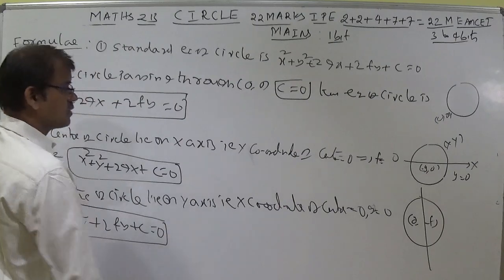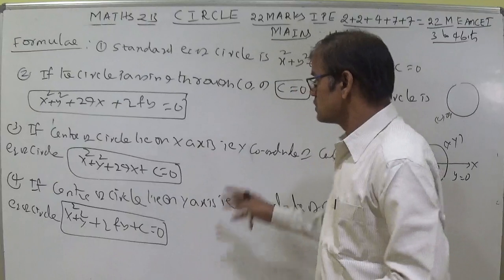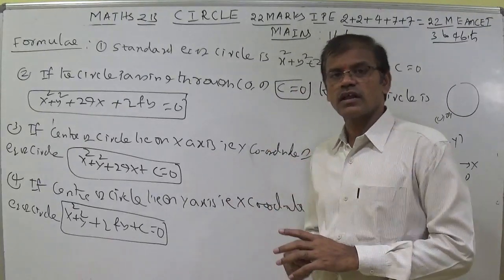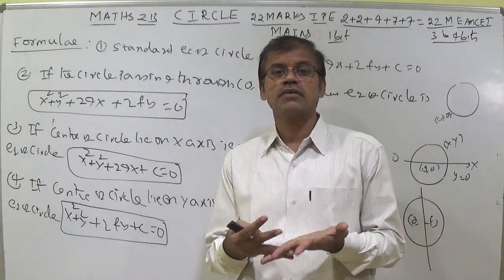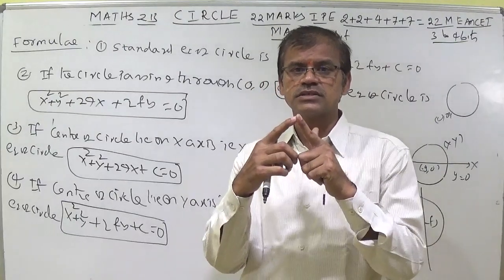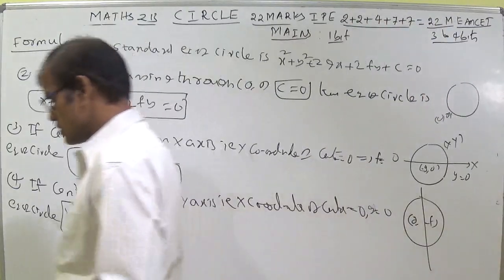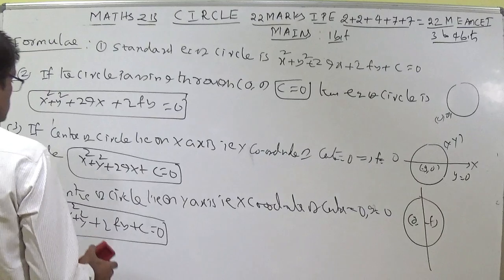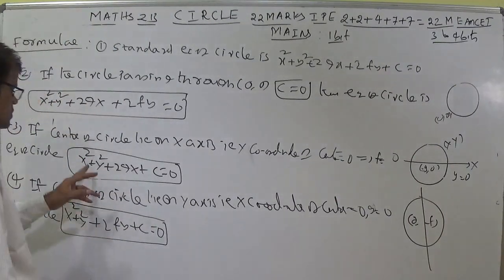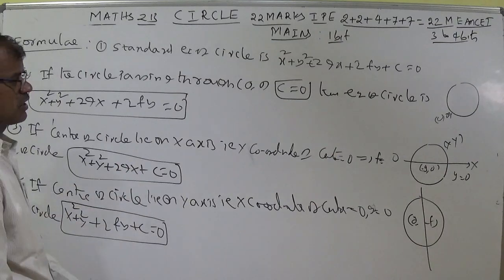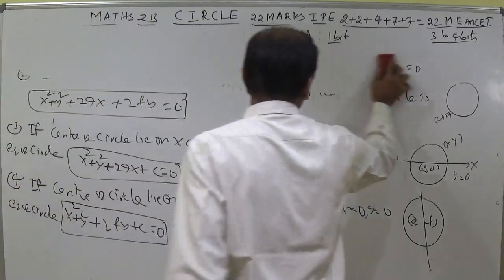Okay, next. Now we discussed if the center lies on the x-axis and on the y-axis. If the center lies on the point of intersection of the x and y axes, that means the origin, then there will be no g and no f. Then x square plus y square plus c equal to 0, which indicates x square plus y square is equal to r square.